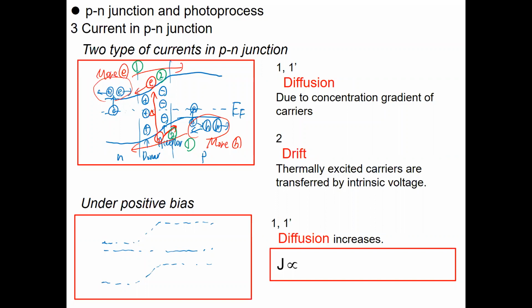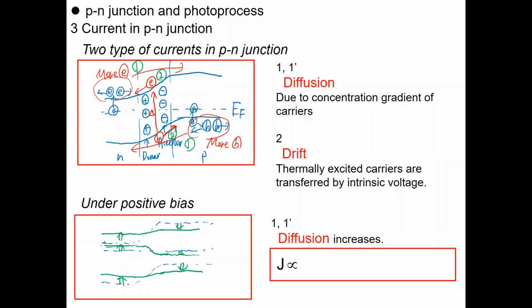So when the positive bias is applied, these are shifted, and the P-type side becomes lower, and this one a bit lower, this one lower. So it must be connected like this.